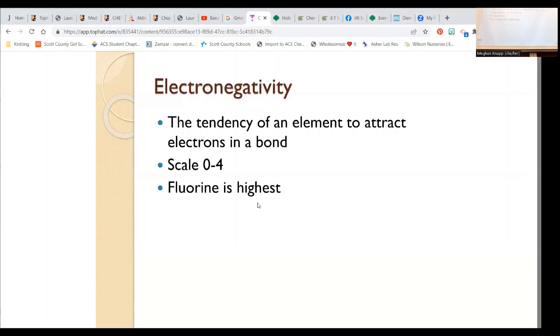So we have a big drop, almost a whole unit's drop going to that second row, and then the others have a smaller drop. But if I were to compare, say, boron and oxygen, oxygen's right next to fluorine, boron's farther away, so oxygen is more electronegative. Okay? So that's kind of how we do it.